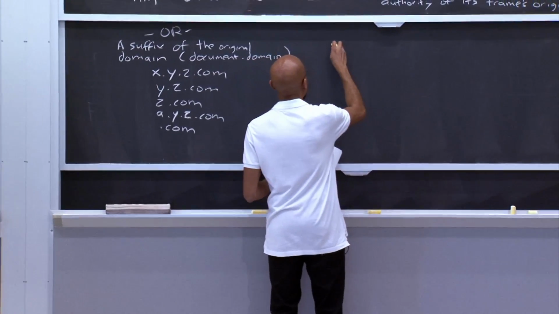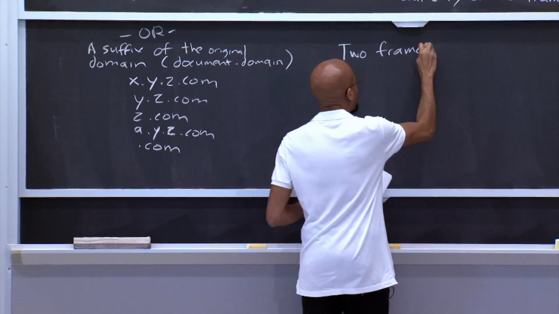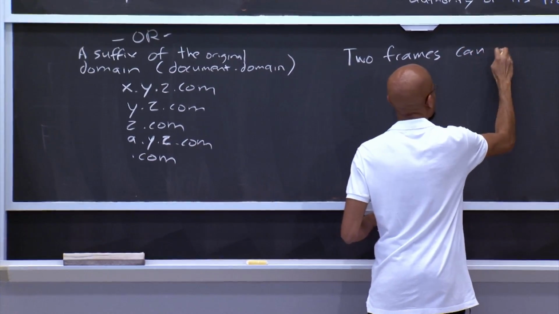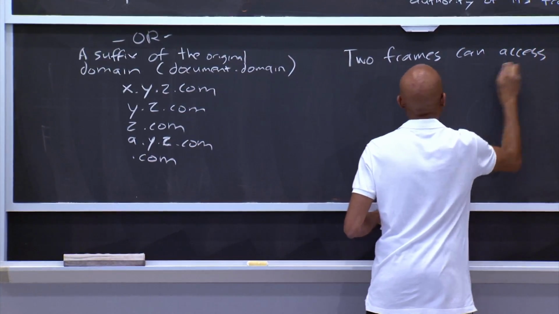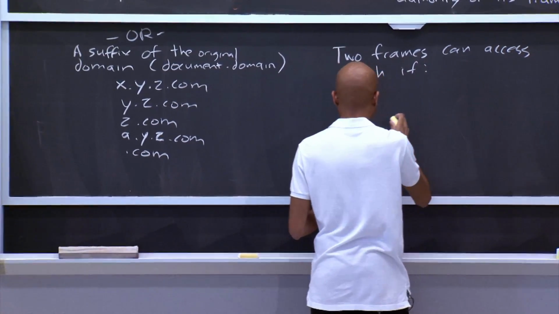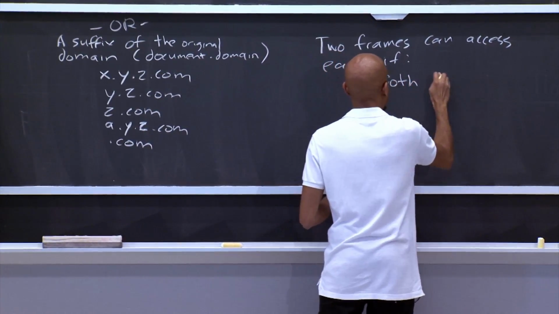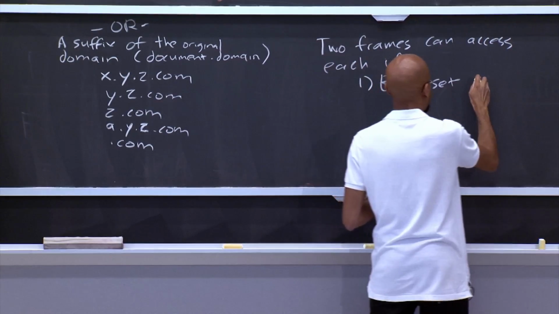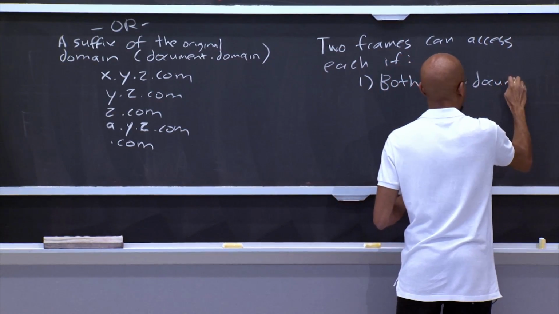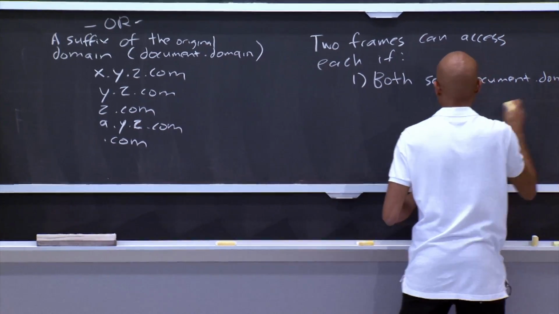So basically, two frames can access each other if one of two things is true, right? The first thing is both of the frames set document.domain to the same value.